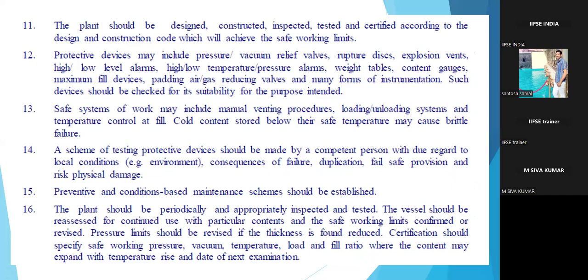And the protective devices may include the pressure and vacuum relief valves, rupture discs, explosion vents, high and low level alarms. In the sense, sometimes the pressure will go very high or low, or the temperature will drop down, or high temperatures or high pressures.